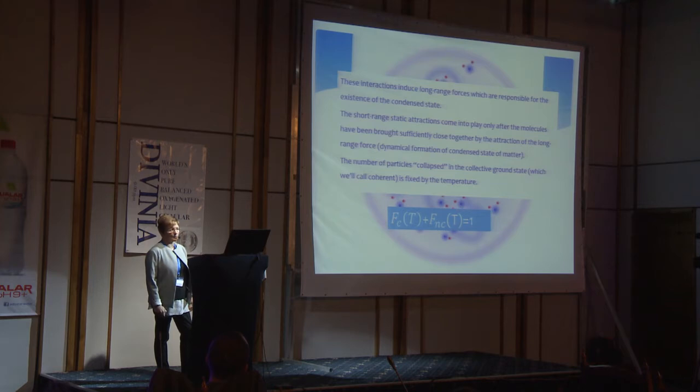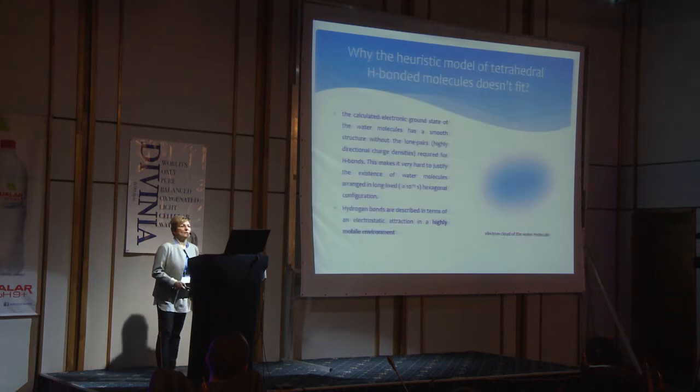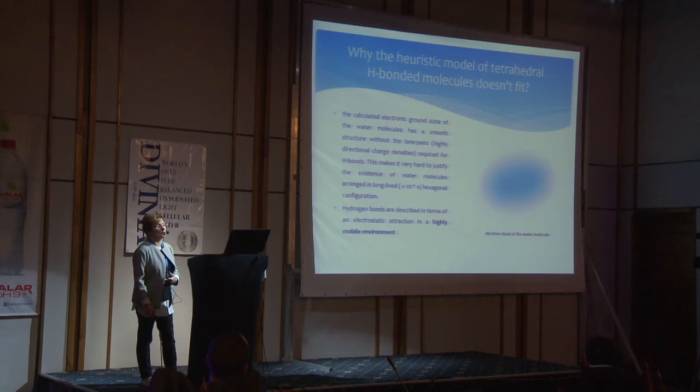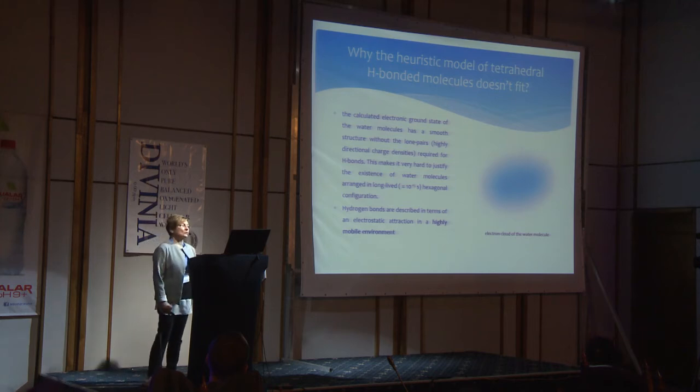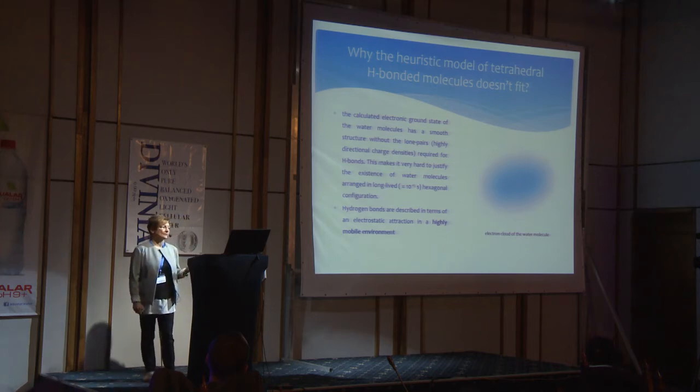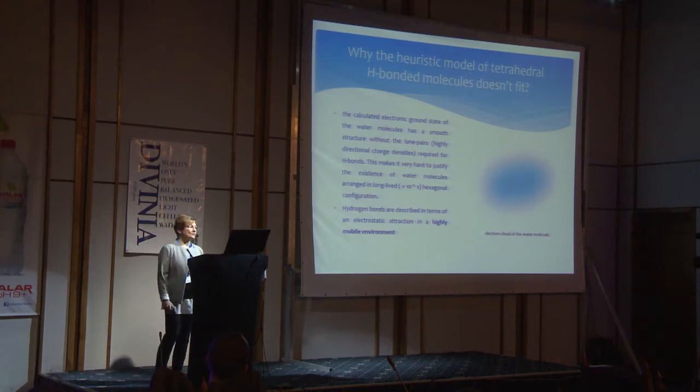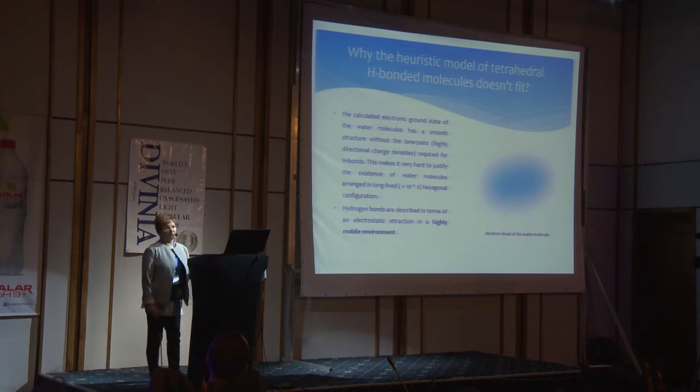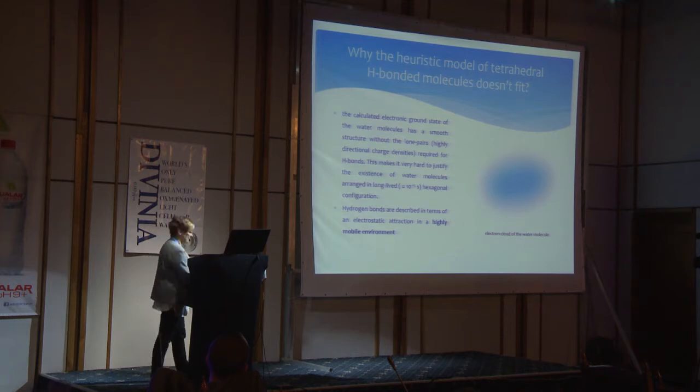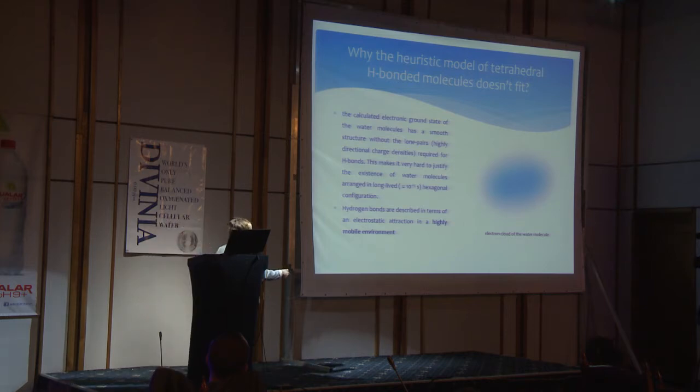by this simple law. But why do we want to leave the whole tetrahedral H-bonded molecule? Why do we say it doesn't fit? Because if we try to calculate the electronic ground state of the water molecule, we see that it has a structure, the electron cloud has a shape similar to this one. Again, this is not the result of a calculation. This is a pictorial representation.